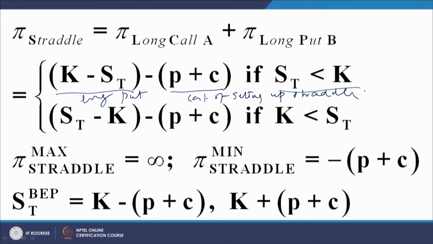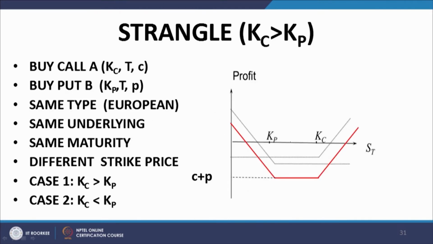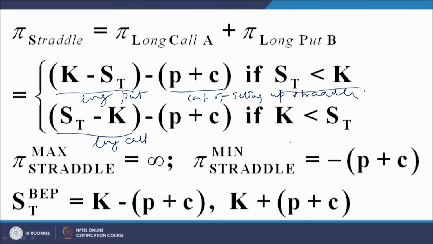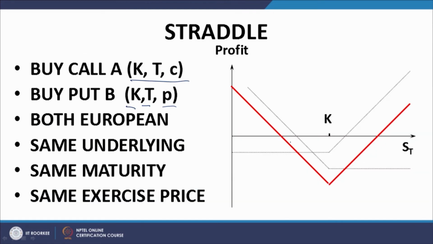Similarly, if ST is greater than K, the call is in the money and gives you a payoff of ST minus K. Let us call it the long call, and you can see the diagram here in this slide.